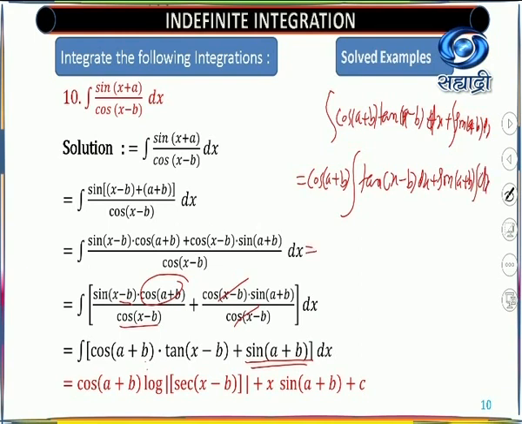So this gives you cos of a plus b, look at here, and this formula you already have. That formula is nothing but log of mod of sec of x minus b. Okay. And here sin a plus b is constant, so you will get only x. So x into sin a plus b plus constant of integration. Okay, this way you need to solve this. So this is the simplification of your 10th example.